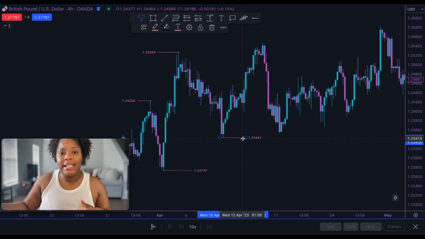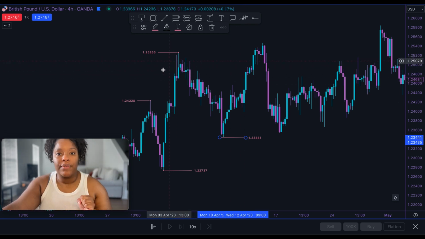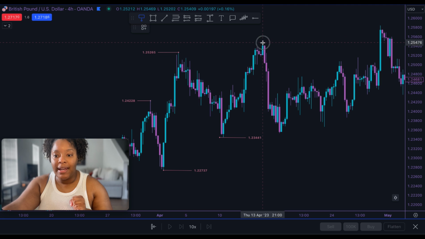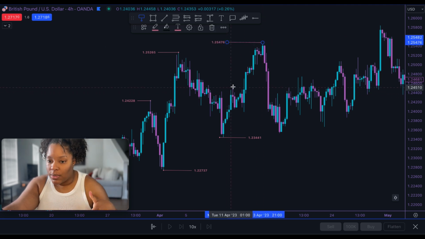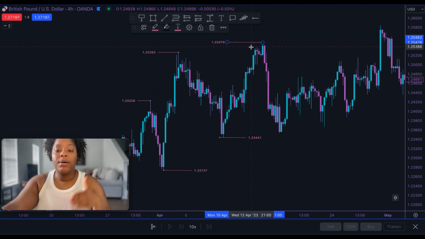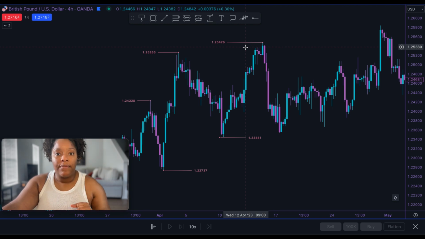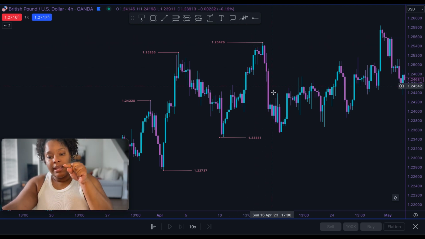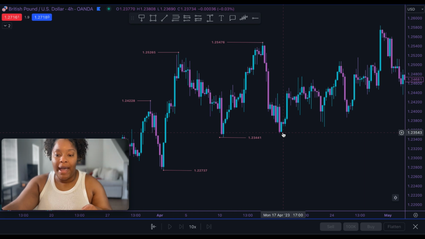For price to continue the uptrend, it needs to pass 1.25265. And did it do that? Yes, it did. Price went all the way up to 1.25476. Then it pulled back.